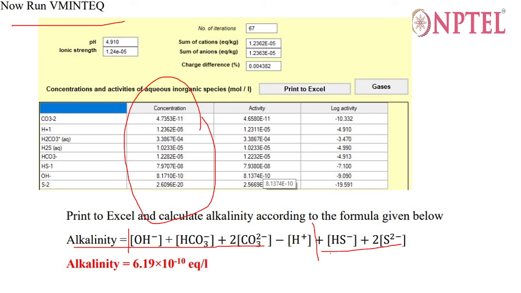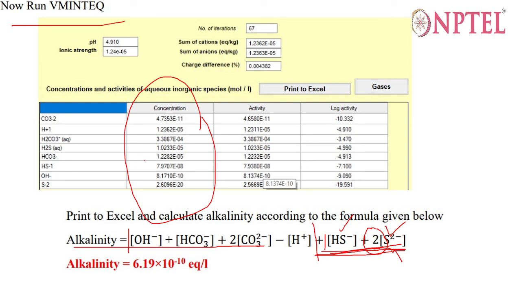So this will also contribute to the total alkalinity, HS minus and S 2 minus. So it can take up H plus ions, right? It can take one H plus ion, it can take two H plus ions. That's why here one and here two. Simple thing. So it can take up two H plus ions. That's why I'm writing two. Here it can take only one H plus ion. Then from H2S there will be no plus for any other elements, right?